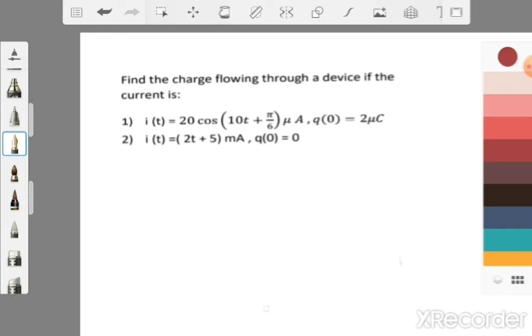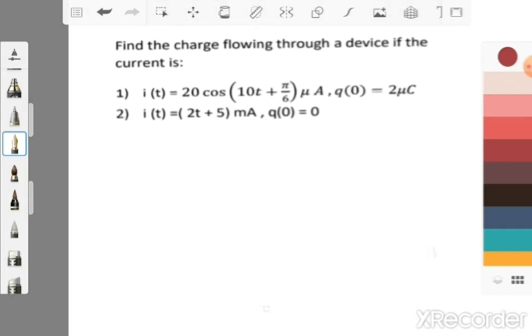And number 2 is I sub t, which is equal to 2t plus 5 milliampere, at Q sub 0, or your initial charge, is equal to 0. So, how will we solve this one? Take note that your I is equal to dq over dt.